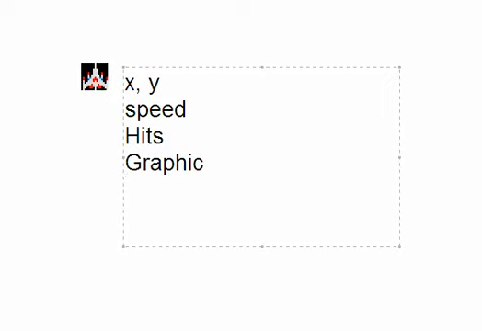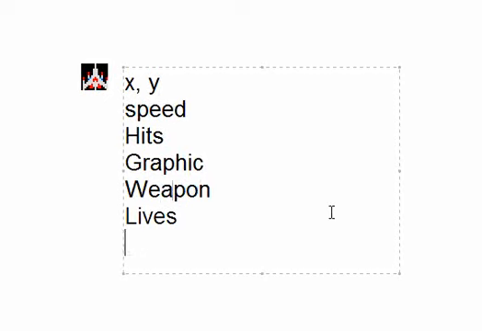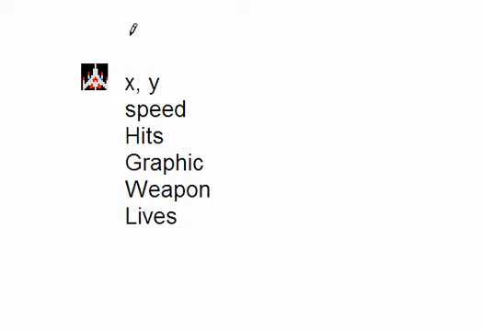So what does he look like? Depending on what your game involves, you may have a weapon type or a number of lives left, that kind of thing. So there's a bunch of values that go with this guy, right? All of these together help to describe this one figure in the game.